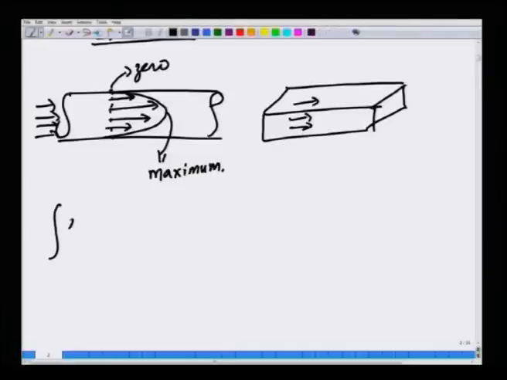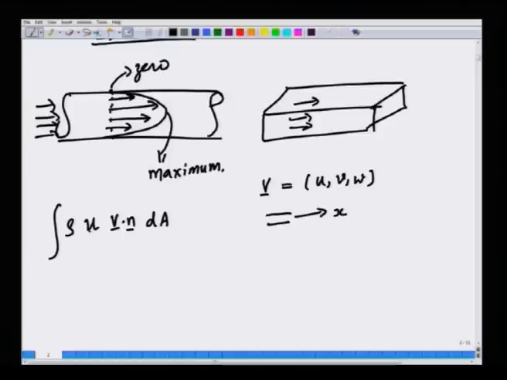Then we are left with evaluating terms of this type, where let us say the velocity v is given by components u, v, w. Let us say the flow is in the x direction, and we are looking at the x component of the momentum balance. Let us focus on the outlet.